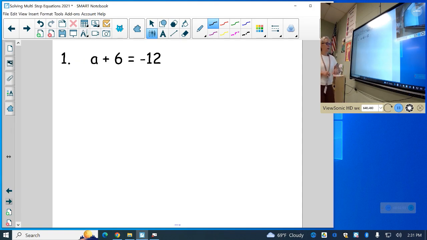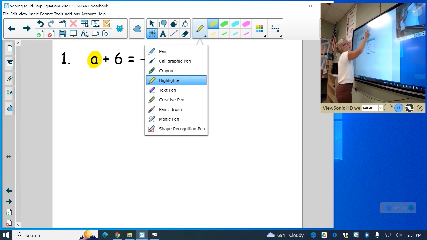Now, solving an equation. Once I have eliminated the parentheses, I'm going to use SADMEP to get the variable by itself. Especially when we're first learning this, I like to highlight the variable. Then I think, okay, I want this on this side of the equal sign by itself, so I have to eliminate my 6.